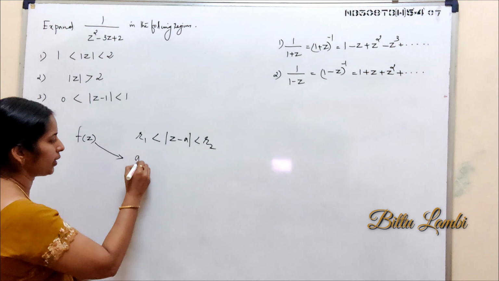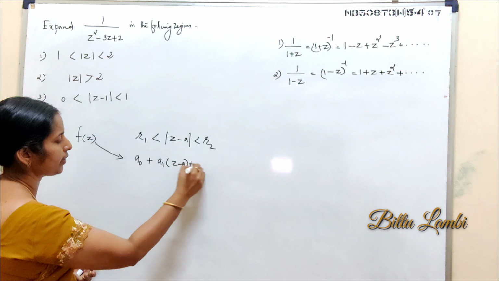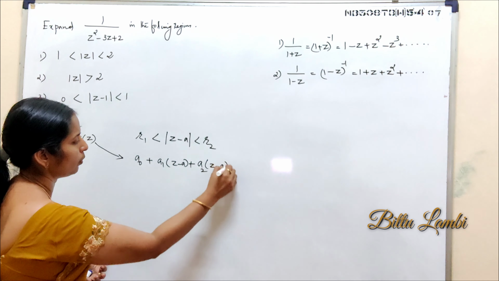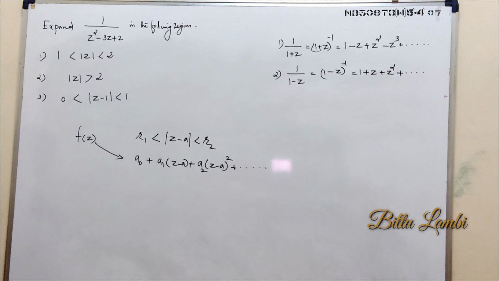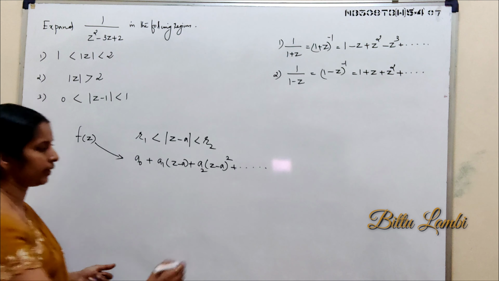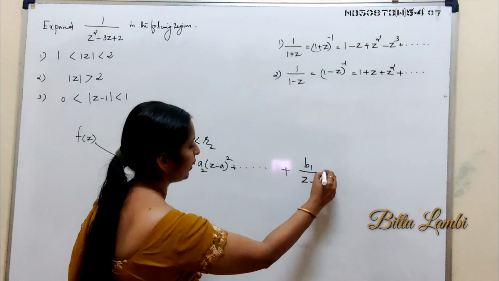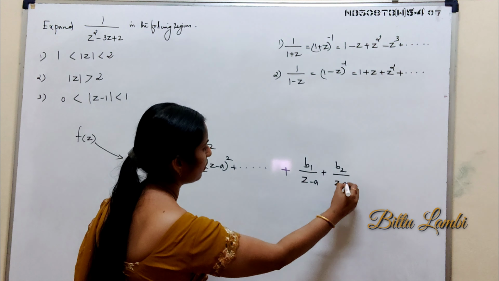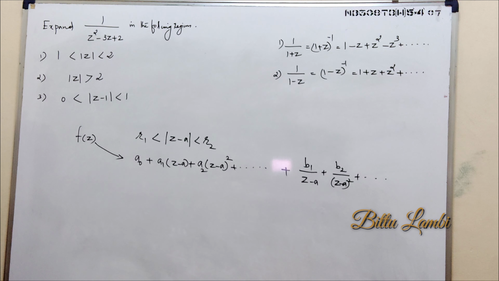In general, we can express it as a0 plus a1 into z minus a plus a2 into z minus a the whole square plus etc. This is the infinite series containing positive powers of z minus a, and b1 by z minus a plus b2 by z minus a the whole square plus etc. And it is an infinite series containing negative powers of z minus a.